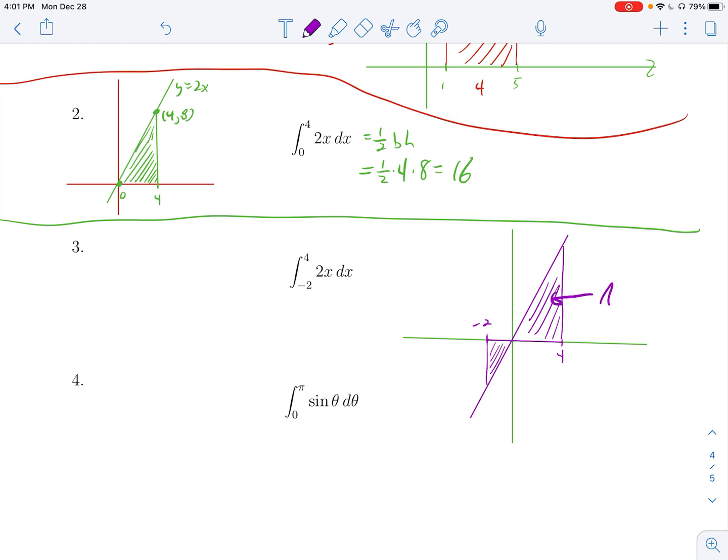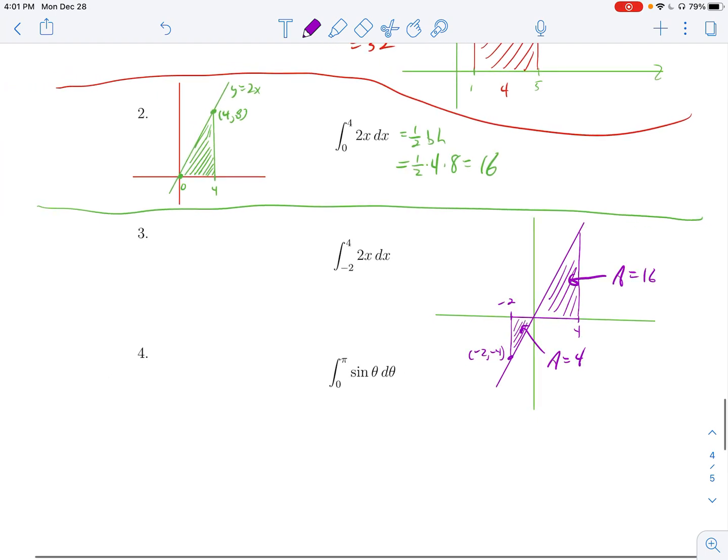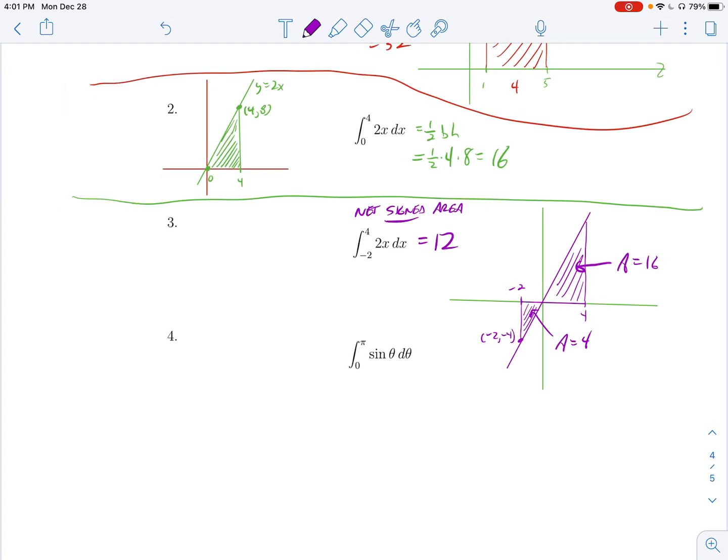This area we already know is 16. This is a triangle. You can check that this is at -4. The area of that triangle is 4. But remember, definite integral is net signed area. Stuff below the x-axis counts as negative, and this works out as 12. It's 16 minus 4, not 16 plus 4.